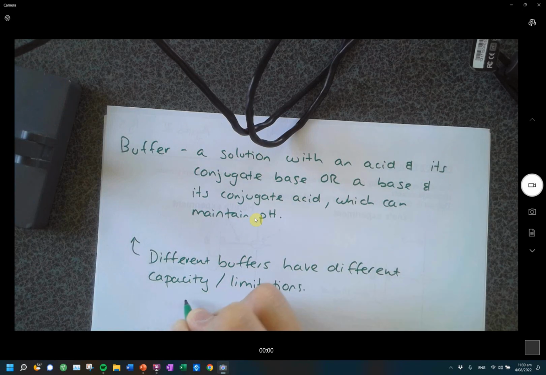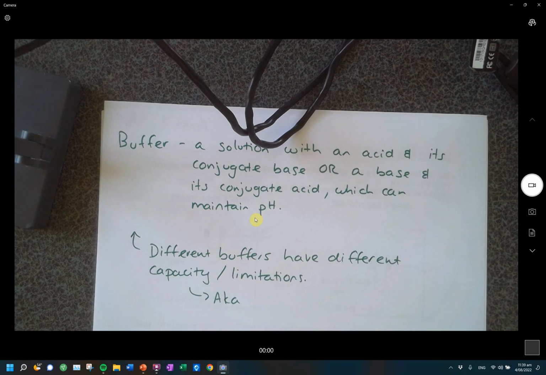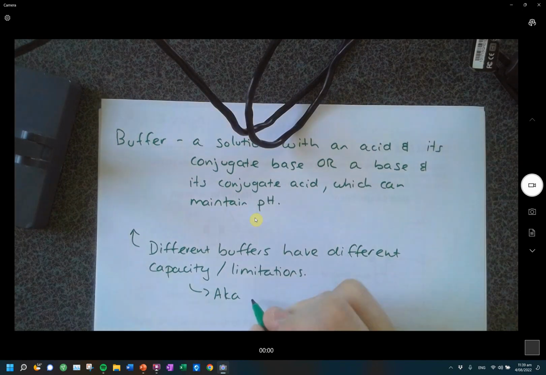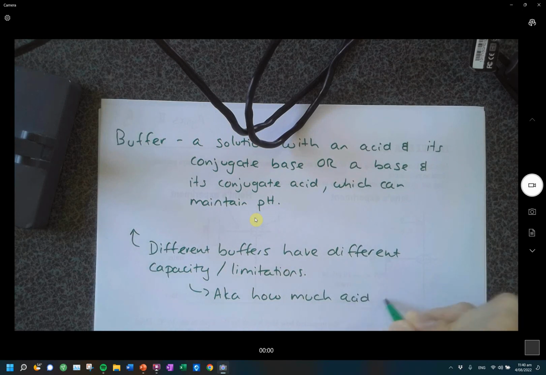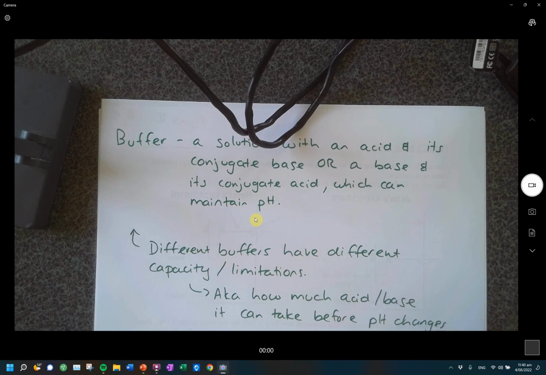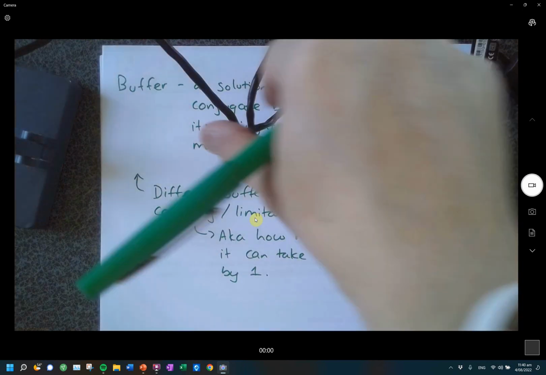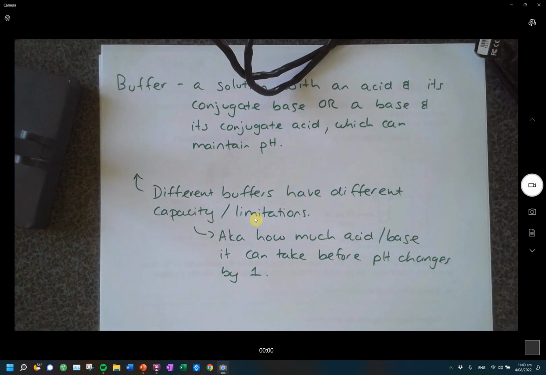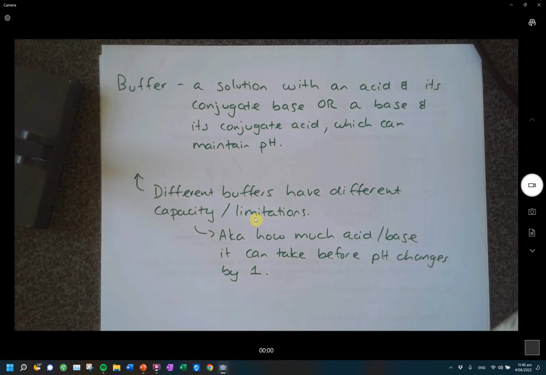In other words, how much can it take before its pH changes by 1? That's usually what we use as our definition. So are we okay with that so far?